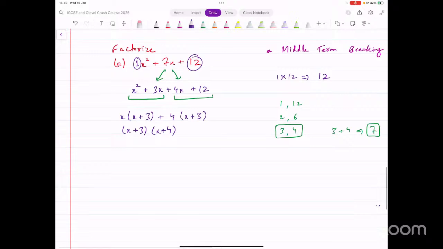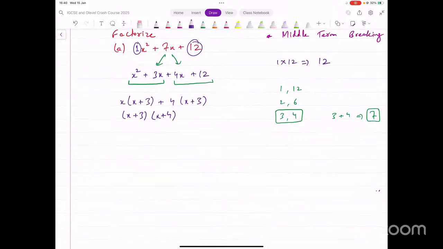This is how middle term breaking works. Let's take another example. Let's say instead of this, we had a different expression now. Let me write something down.